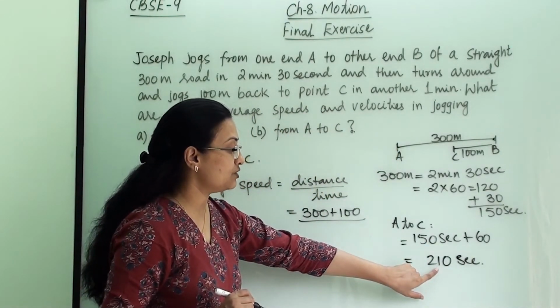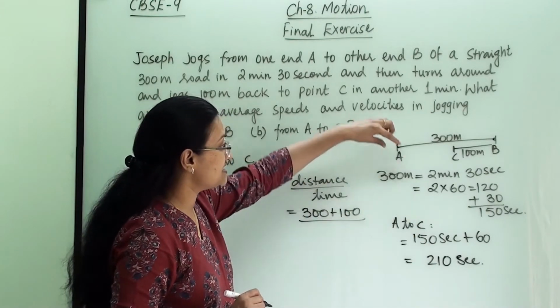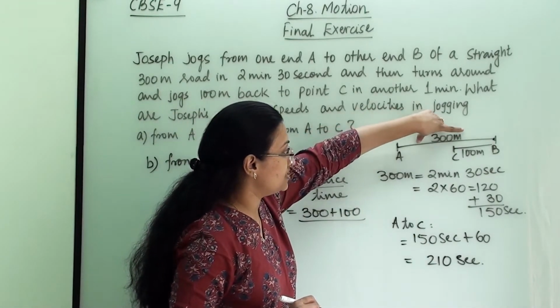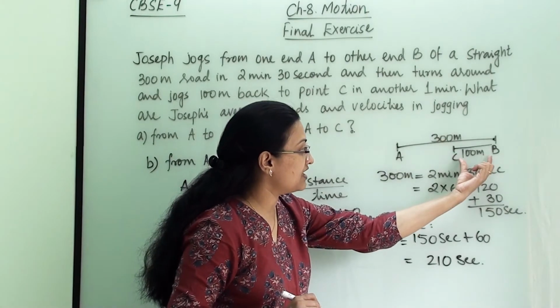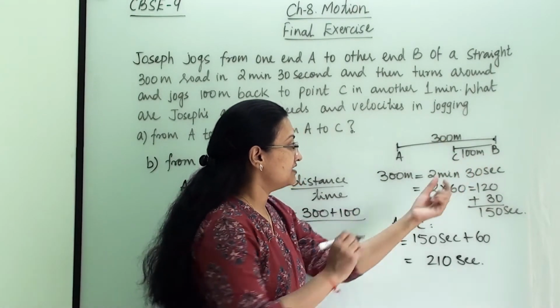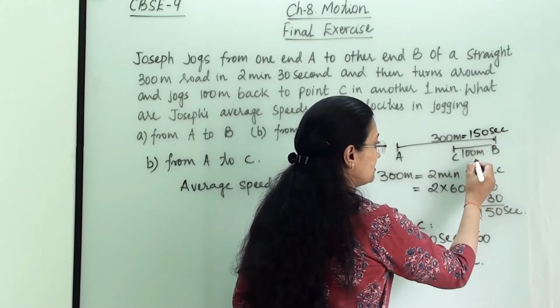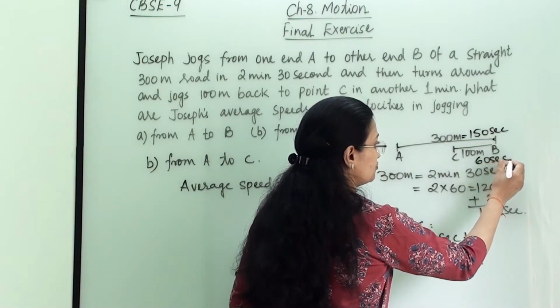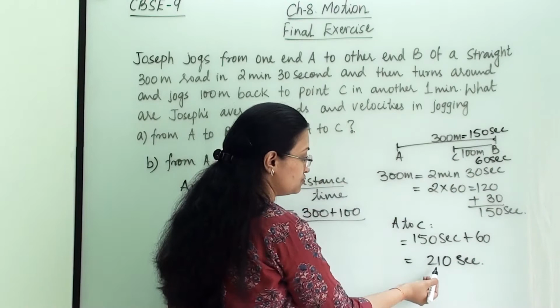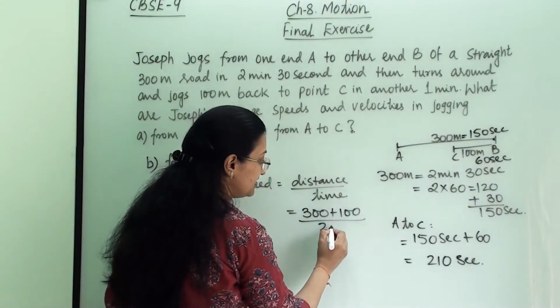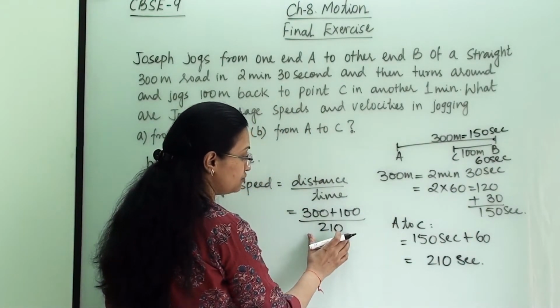How 210 seconds? This one is 2 minutes 30 seconds, and we have added the other time: this covers in 150 seconds and this covers in 60 seconds. So we have added these two times, so that is completely 210 seconds.